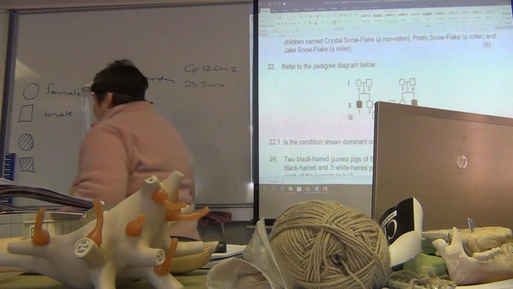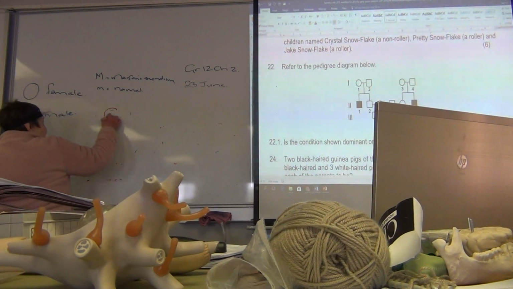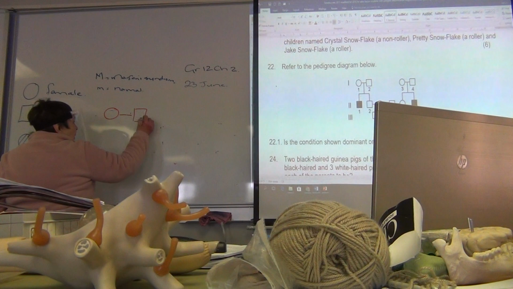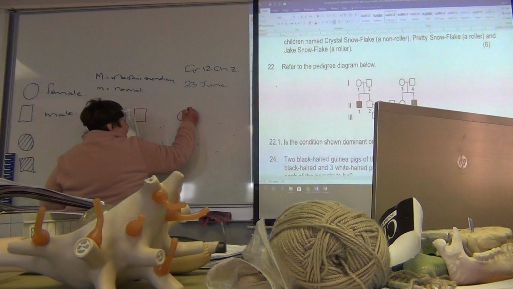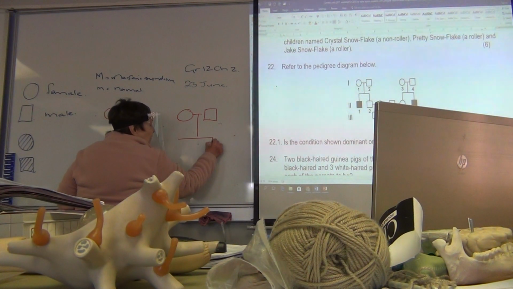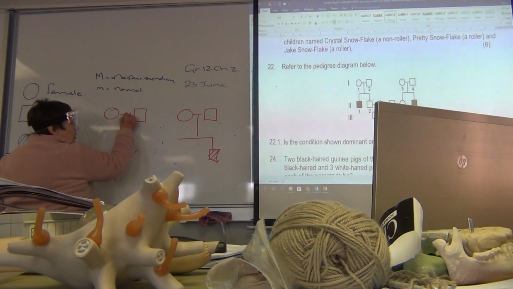And the issue is that if parent 1 and 2 and parent 3 and 4 don't show the condition, but each of them have in their children a child that does show the condition.